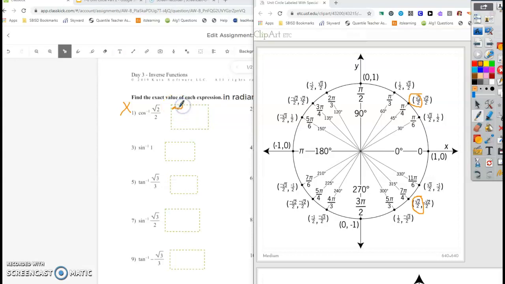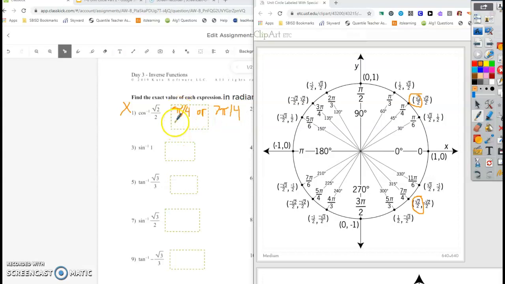You can write it as the pi symbol divided by 4, or 7 pi divided by 4.